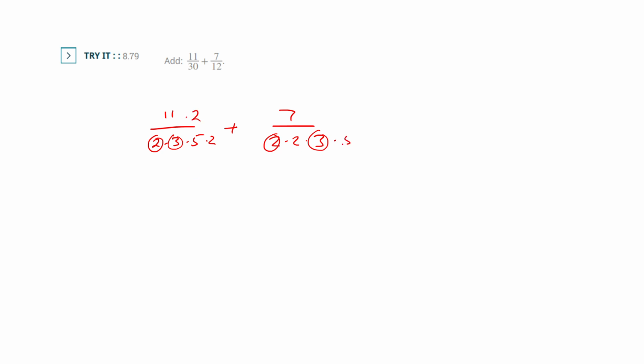This side needs a 5. Give it to the bottom. You got to give it to the top. So here I've got 22 now over, let's see, 15, 30, 60. They're now sliced the same. We can put them together.